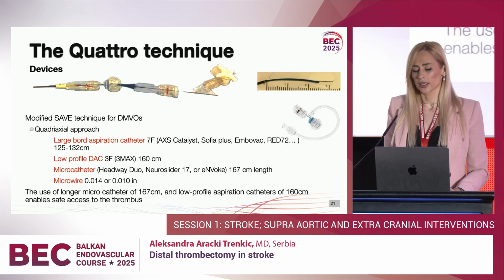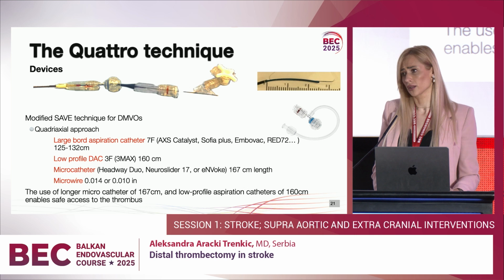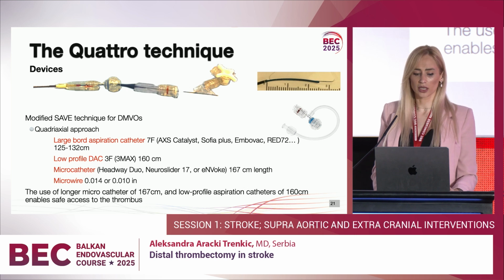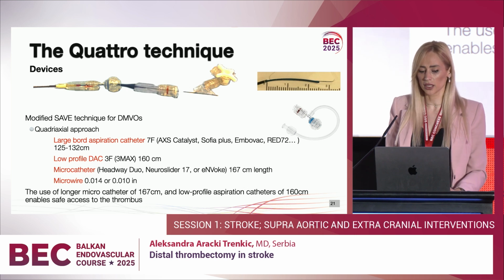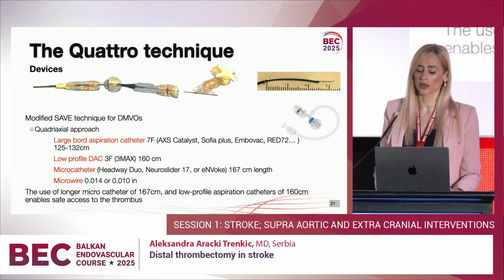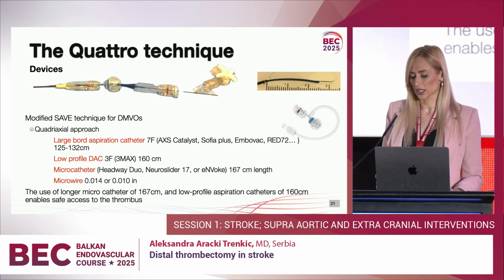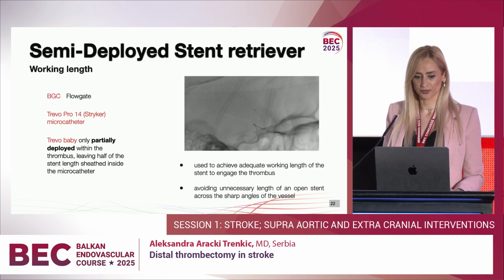Also, another technique has been developed by the team from Basel, and the name of this technique is the Quattro technique. This is a modified safe technique, and in this technique, the use of a longer microcatheter of 167 centimeters and low-profile distal aspiration catheters enables safe access to the thrombus.